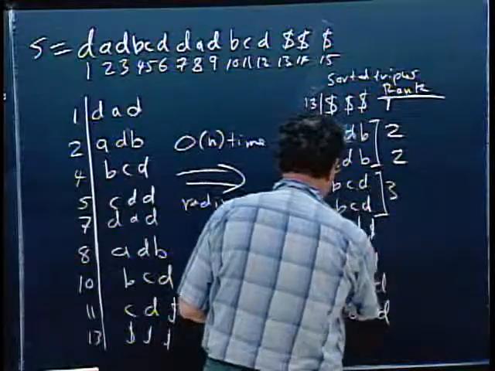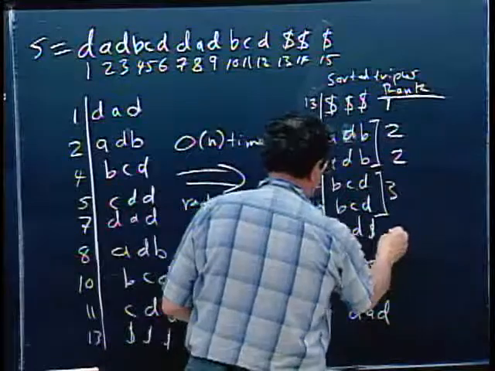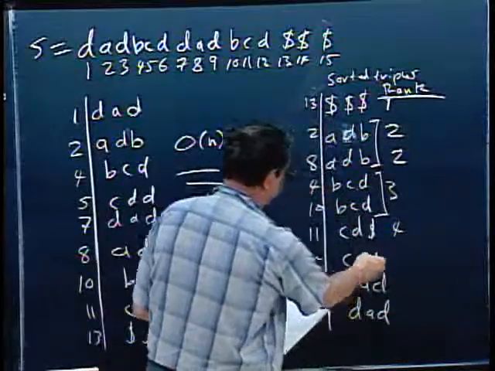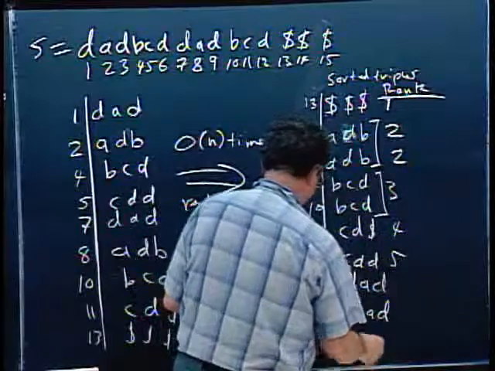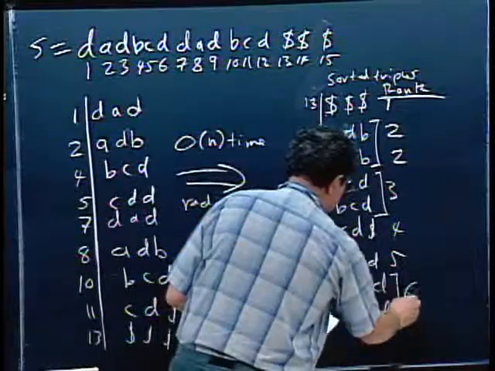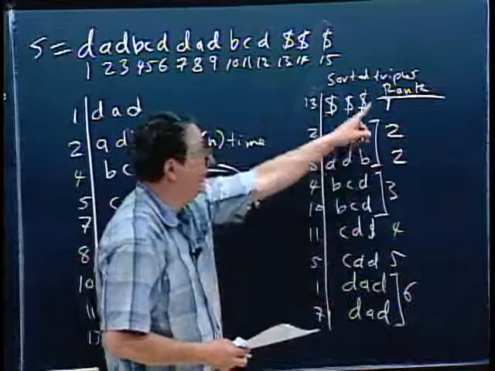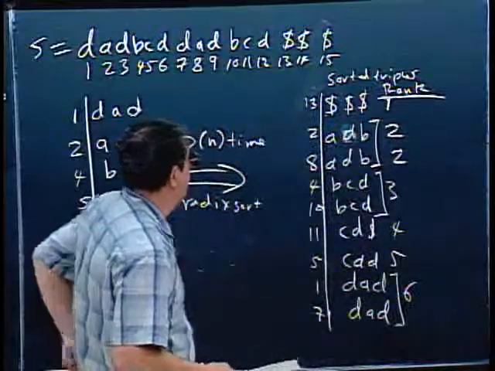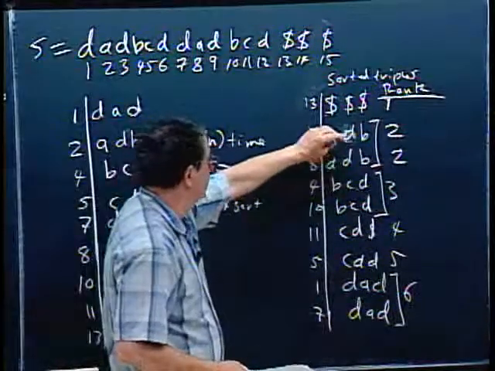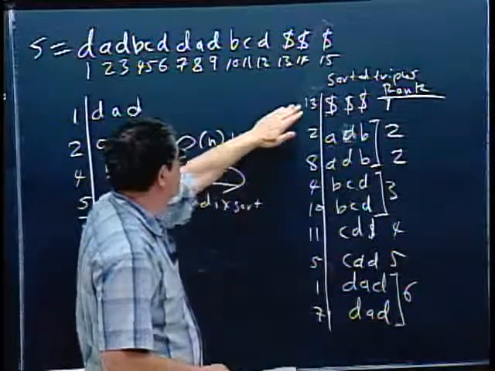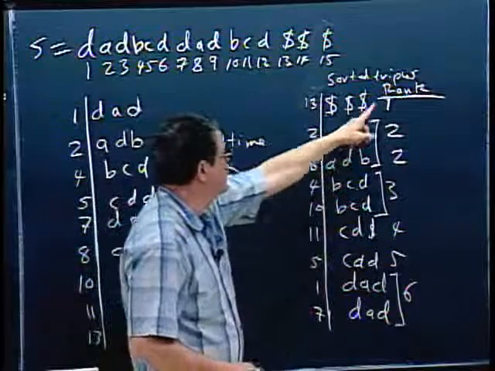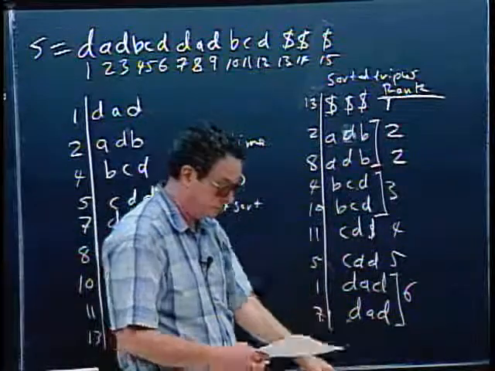The next one is CD dollar sign, and that's rank 4, and it is different than the next one, so it's the only one that's rank 4. This is rank 5, and then rank 6 is again a tie. So these are the rank numbers. In general, we can have many more ties. They don't have to be quite as simple as this example is. And again, this can be done in linear time, and we can assign these rank numbers.